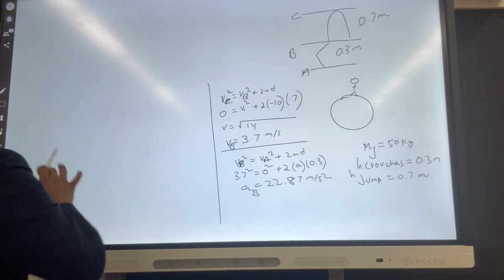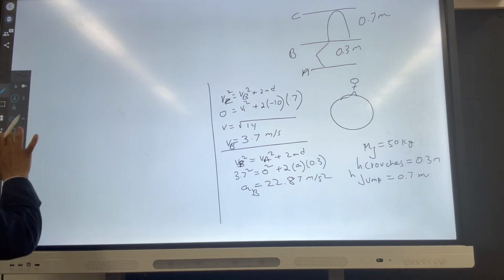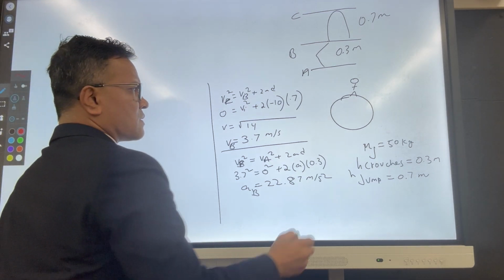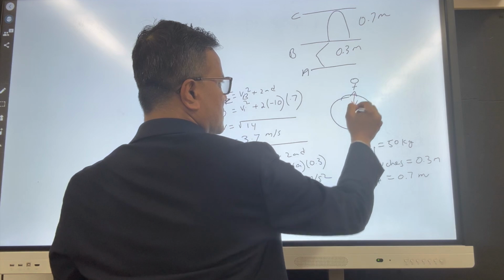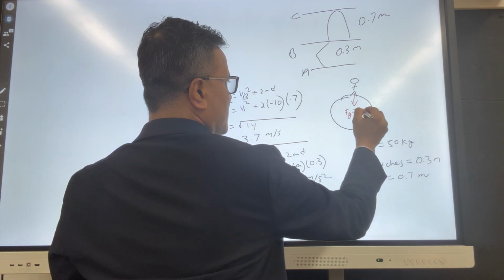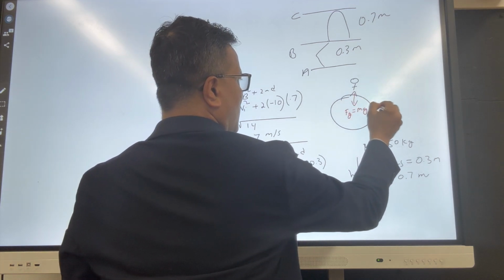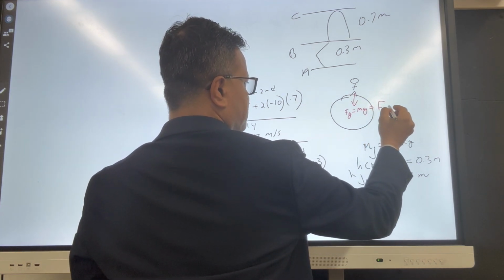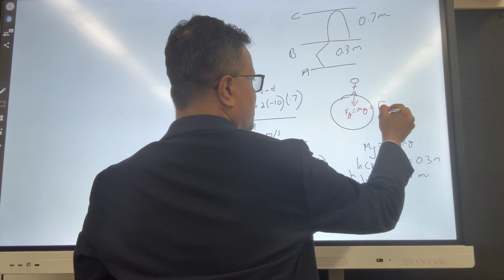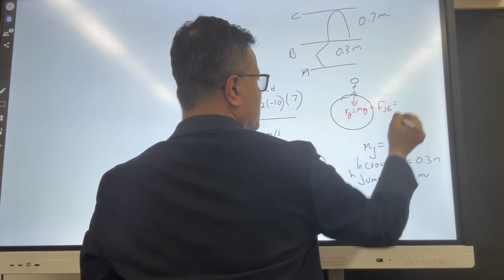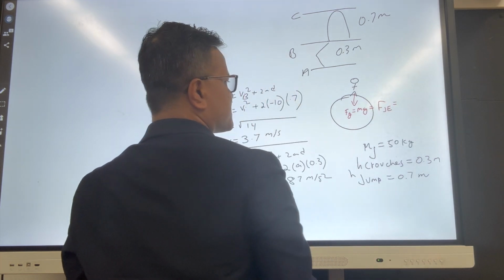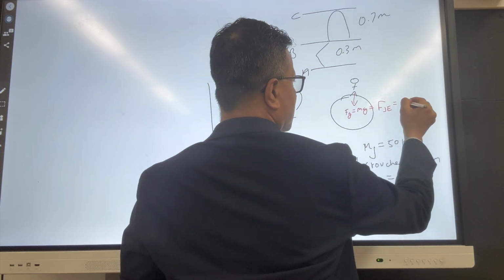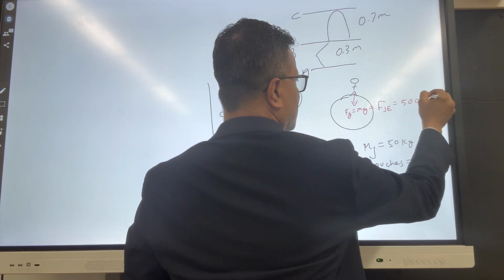Now let's draw some free body diagrams using Newton's third law. The force of gravity on Josh is mg, or you can say the force on Josh by earth is equal to 50 times 10, which is 500 Newton.